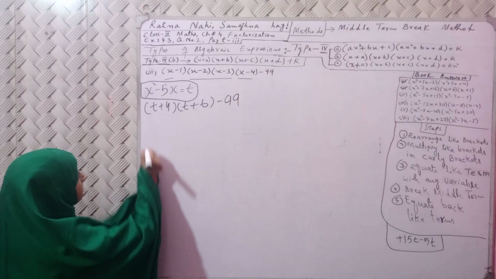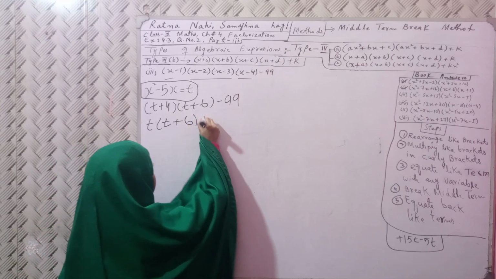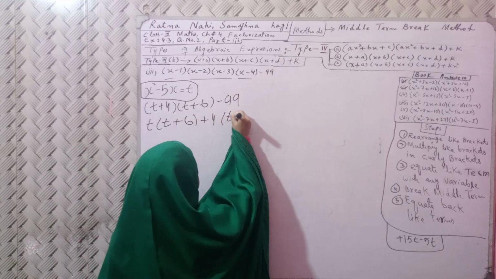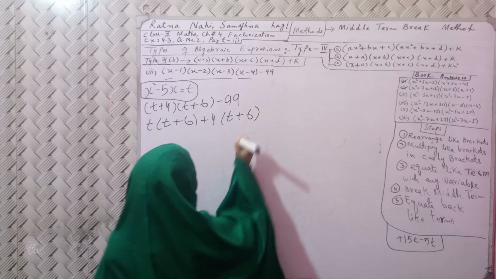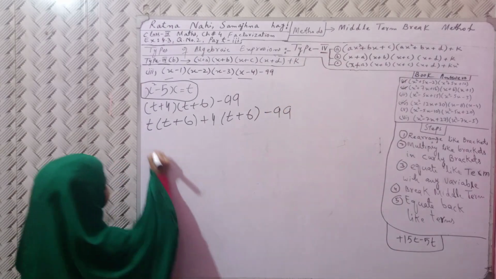Then now this t will become here (t + 6)(t + 4)(t + 6) - 99.